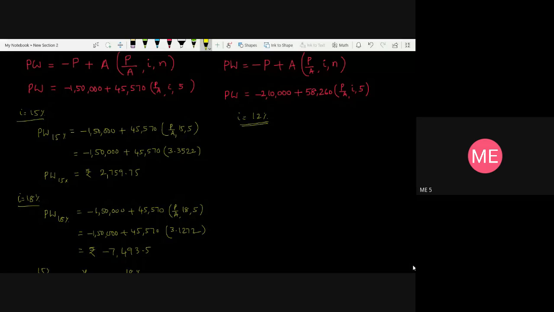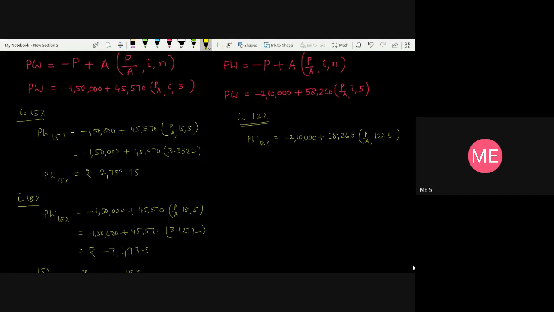So at I equal to 12%, what is the present worth at this point? It is going to be minus 2,10,000 plus 58,260 into P by A, comma 12, comma 5.